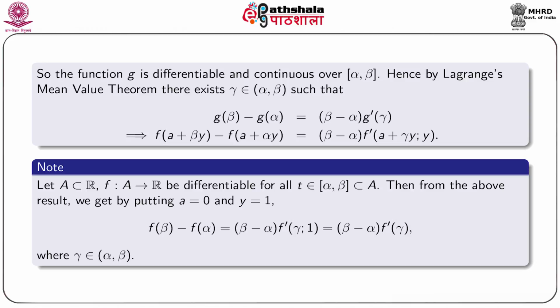So, we have f beta minus f alpha equal to beta minus alpha vector derivative f dash gamma 1. We know f dash gamma 1 is nothing but the operator f dash gamma acting over 1, and that is nothing but the real number f dash gamma. So, we have f beta minus f alpha equal to beta minus alpha times f dash gamma, where gamma is a point lying in between alpha and beta, leaving the two endpoints. This is our known Lagrange's mean value theorem of single variable calculus.